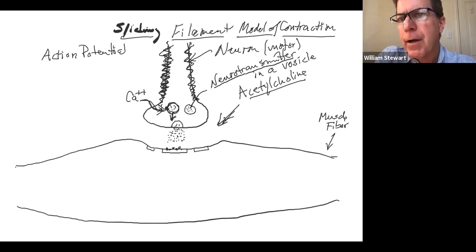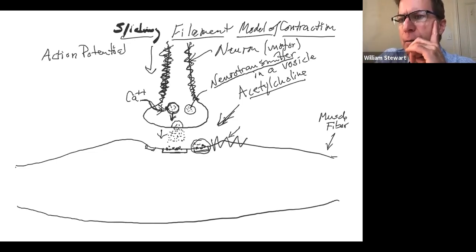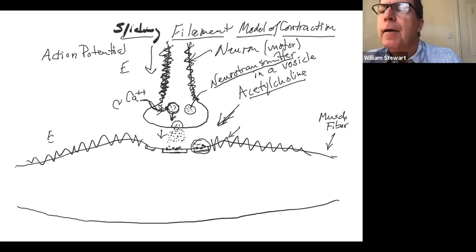This indented area of the muscle cell right here is called the motor end plate. And these little rectangles I've drawn represent receptors specifically for acetylcholine. So it goes electrical, chemical, and now when the acetylcholine binds to its receptor here, it causes an electrical stimulus to travel along the sarcoplasm of the muscle cell. So we've got electrical, chemical, electrical again.